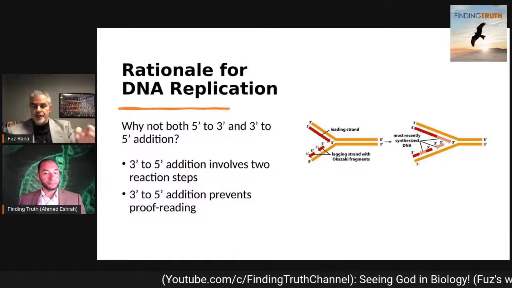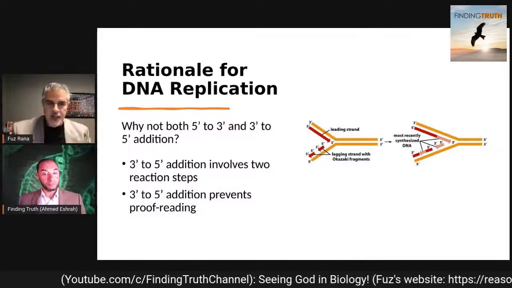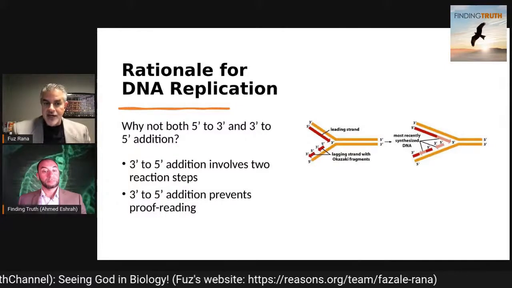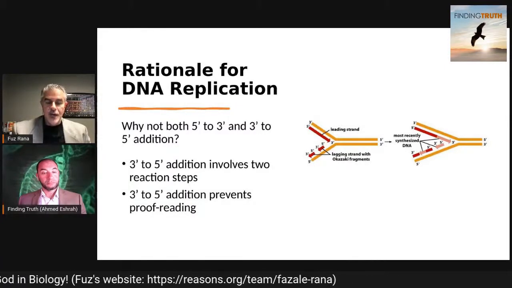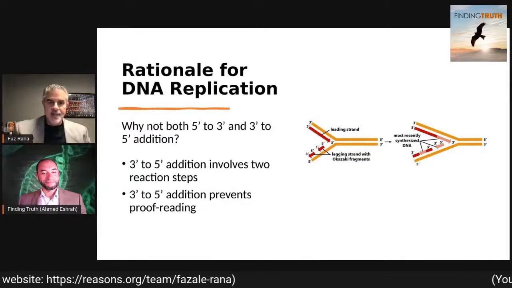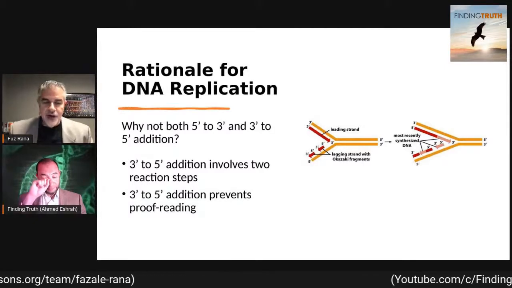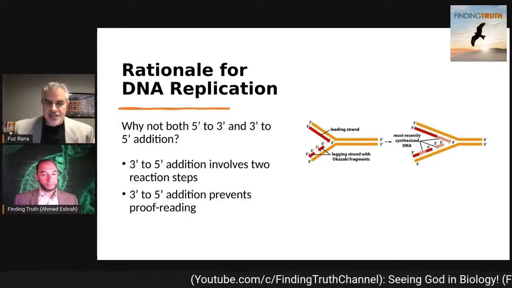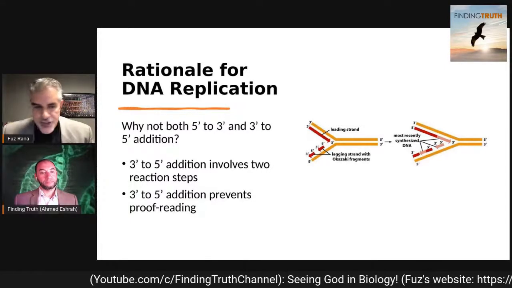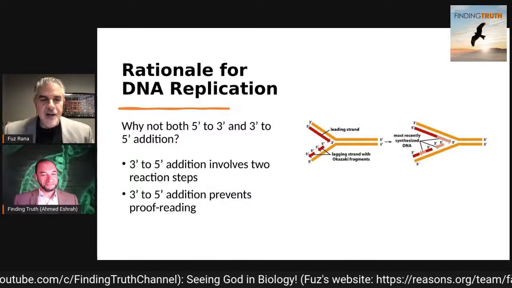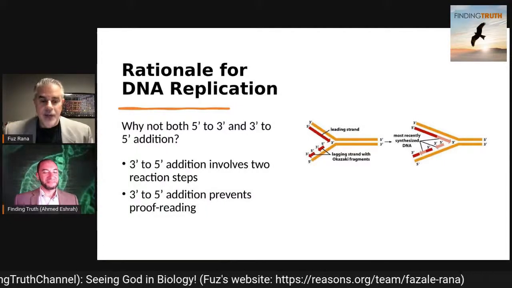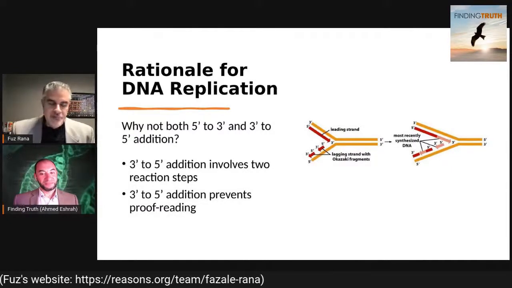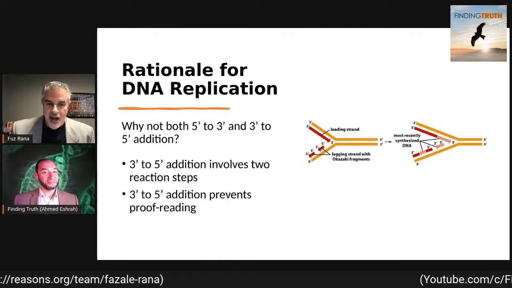That's called a proofreading function, and it happens more or less randomly, but it's a way to ensure high fidelity replication. It'd be like me knowing that I'm copying a very complex set of sentences and stopping every so often just to make sure that I copied what I had done up to that point correctly before I keep copying. And if I didn't, I can erase it and then replace the error quickly.